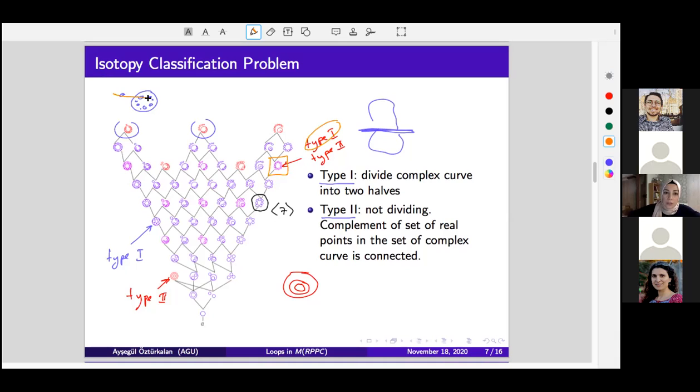Whenever you draw a line, it already intersects at 3 points. So I cannot pull any point from here to here because it will contradict the Bezout theorem. Any oval here cannot move from here to here. So if they contain nested ovals, there will be more restricted movements.